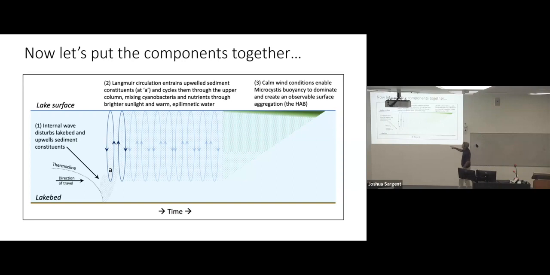That was followed by strong persistent winds that resulted in Langmuir circulation that circulated that material up to the upper part of the water column. And that was followed by what we classically associate with cyanobacterial bloom conditions, calm, warm days, and that's when we had cyanobacterial blooms. That sequence of events happened 8 times in 2018, and every single time it was associated with an algal bloom.